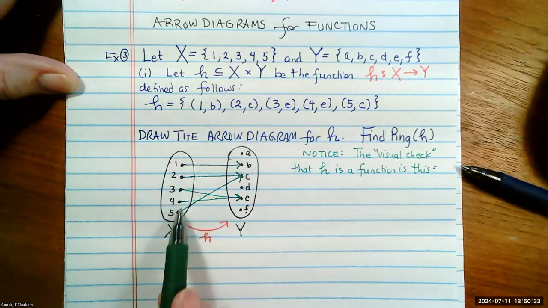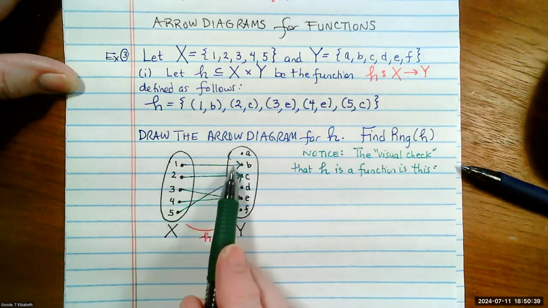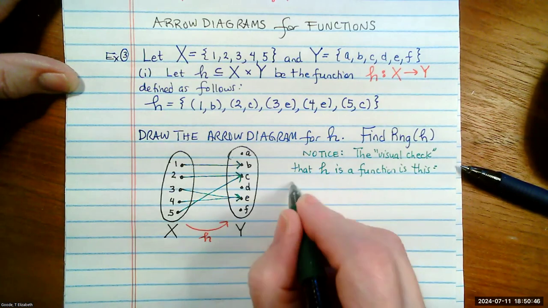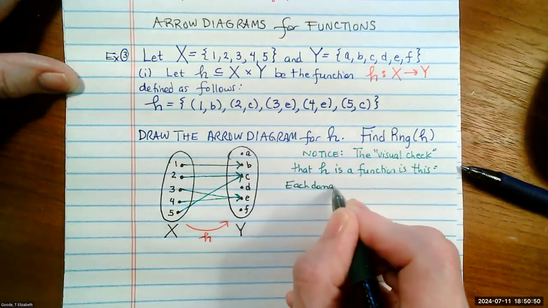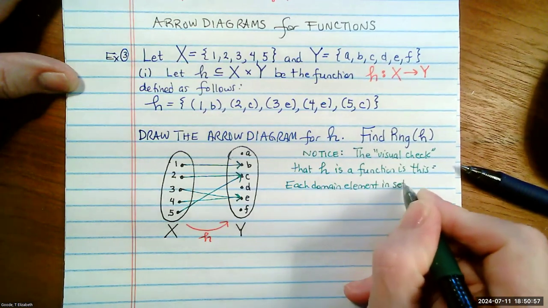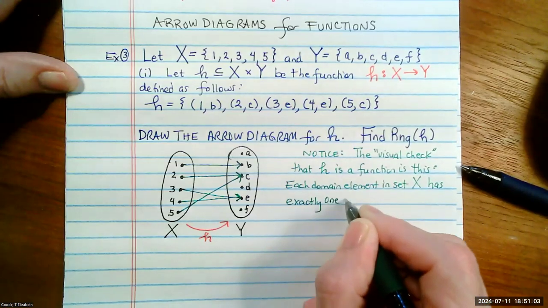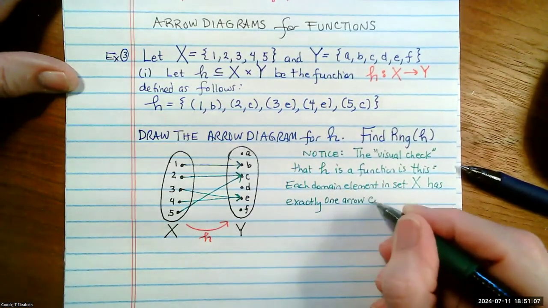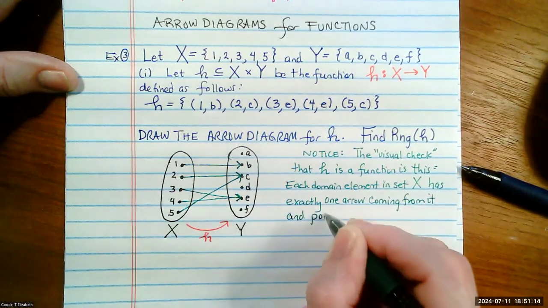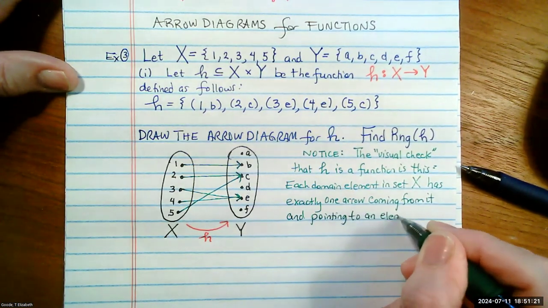Each element in the domain X has exactly 1 arrow coming from it and pointing into the codomain Y. Each domain element in set X has exactly 1 arrow coming from it and pointing to an element in the codomain Y.